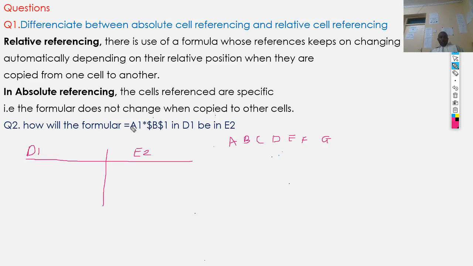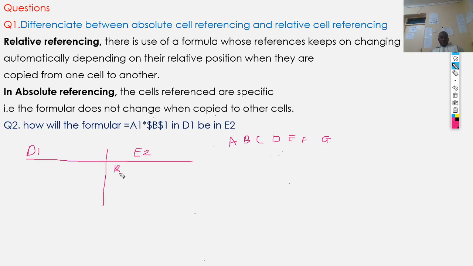From D, it moved to A. It moved 1, 2, 3 steps to reach A. Now, when it will be in E, it will still move 3 steps backwards, to the left. So it shall move 3 steps to the left also, which is 1, 2, 3 to reach at B. So it will be B.